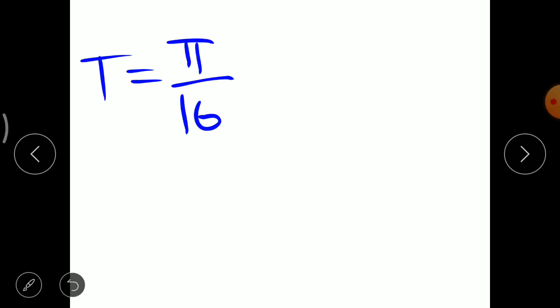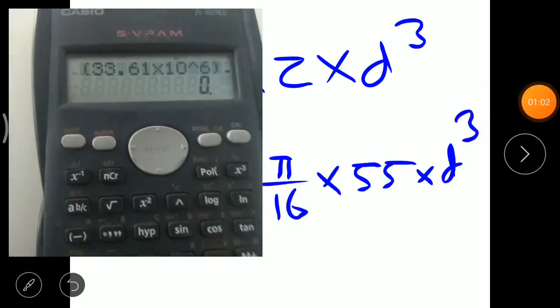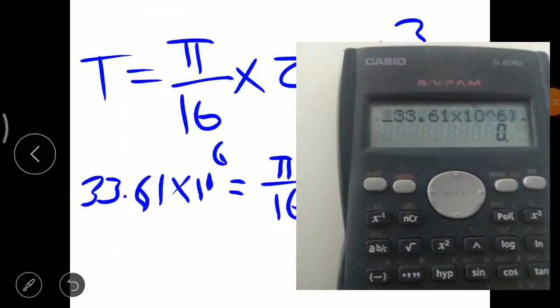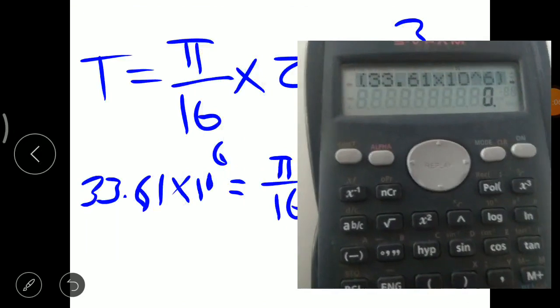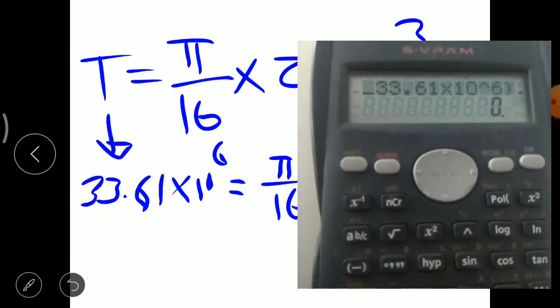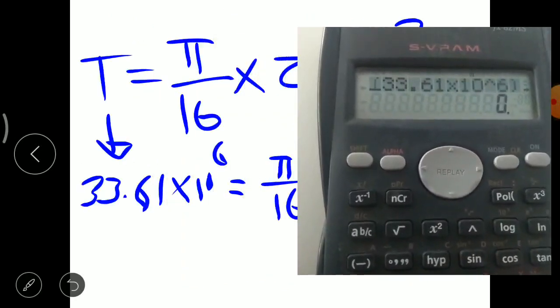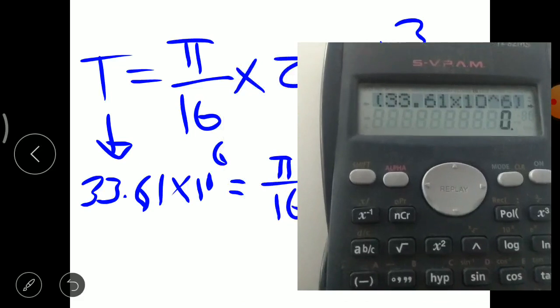Now put the value in our equation of torque, that is T equal to pi by 16 into tau into d cube. Here you can see that I will put the value in the calculator, that is 33.61 into 10 raised to 6, which we have from the previous formula, and now I will put this value in the equation.